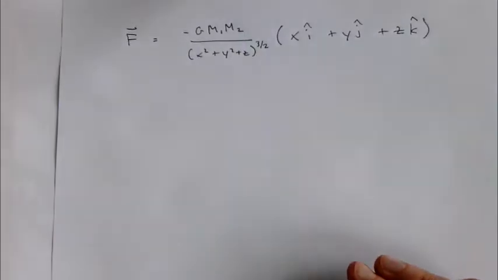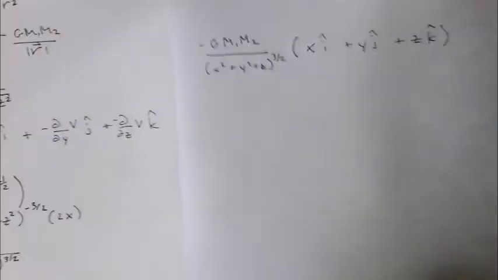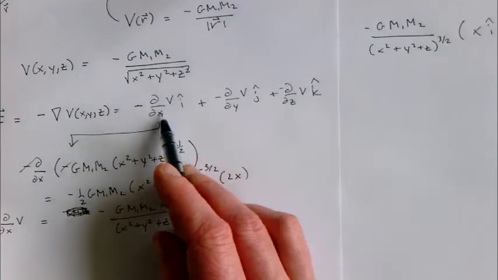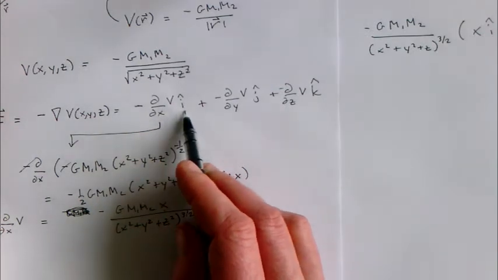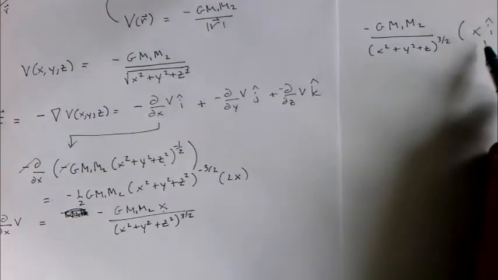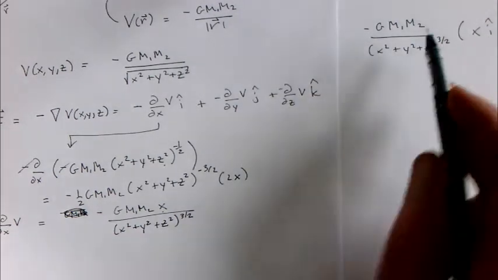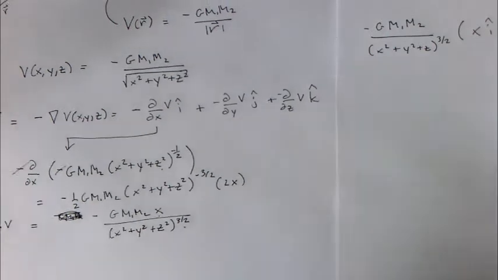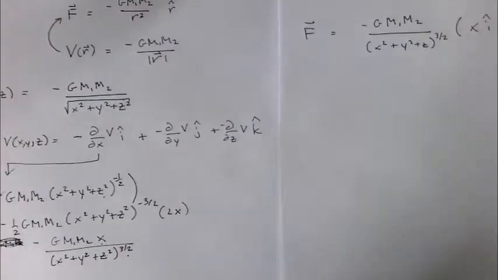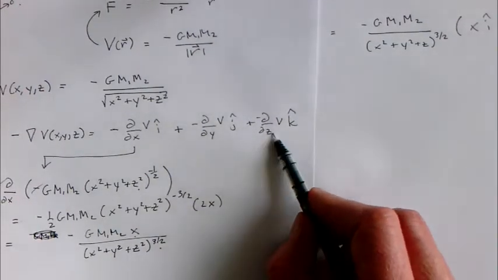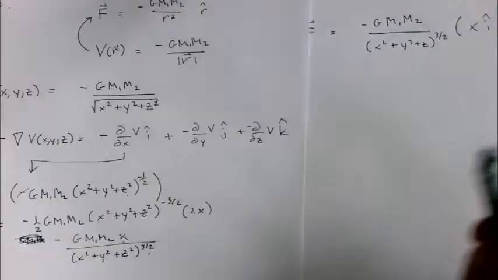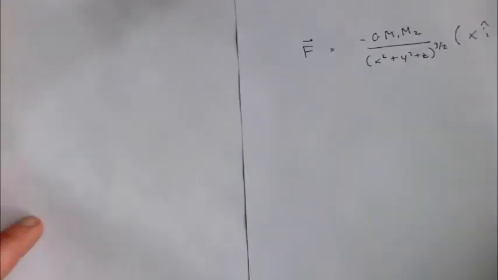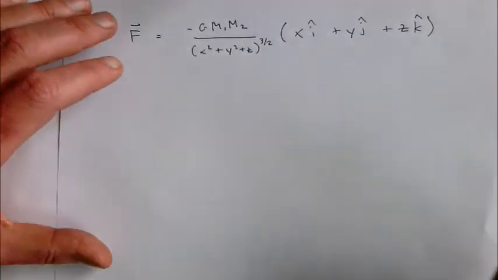Okay, and just to remind you where that came from, the first term is going to be the partial with respect to x of the potential times i hat. So that's where this x i hat term comes from, and all this stuff out front is just this term here, right? And I'll get the same thing for the d by dy term, and the same thing for the partial with respect to z term, except I'll pick up a y and a z right here. Okay, so that's what my force ends up being.